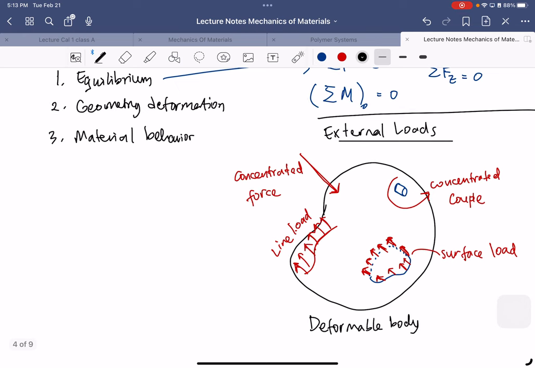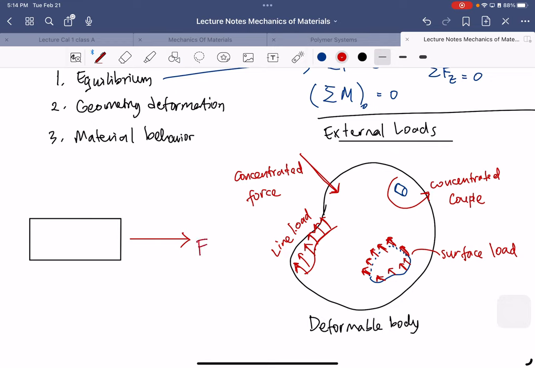And sometimes if you see the diagram, let me give some analogy. Usually in physics, or maybe in statics, you say F like that.